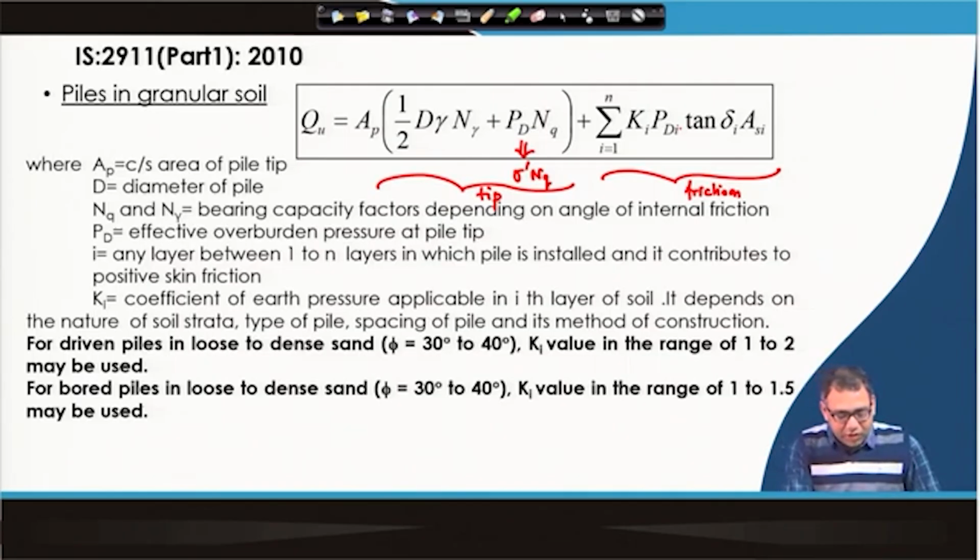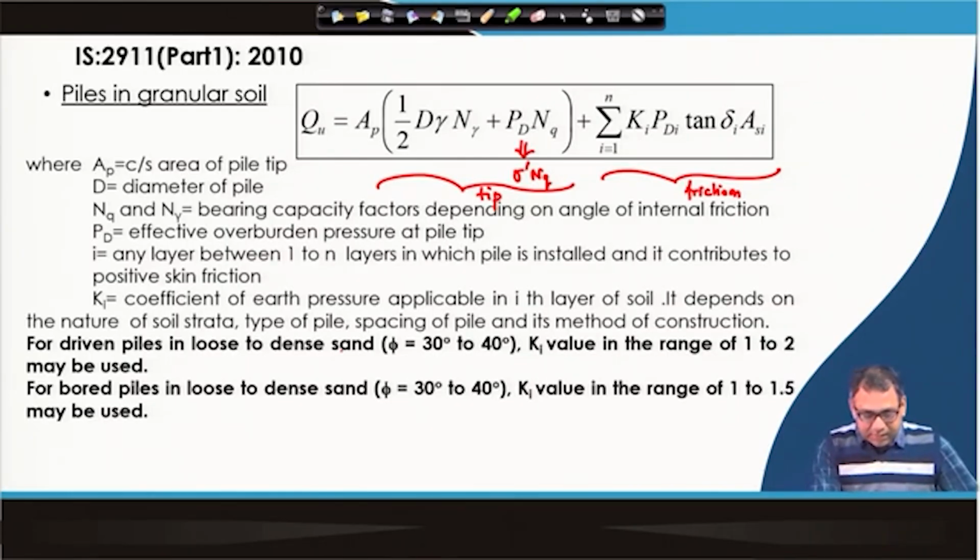So, here also it is recommended that for the driven pile for loose to dense sand, phi 30 to 40, K value varies from 1 to 2, and for the bored pile for 30 to 40, K value varies from 1 to 1.5. Here K value is given for bored pile and driven pile separately, but in previous cases we determined the values for the driven pile, and then by the given recommendation you have to use it for the bored pile.